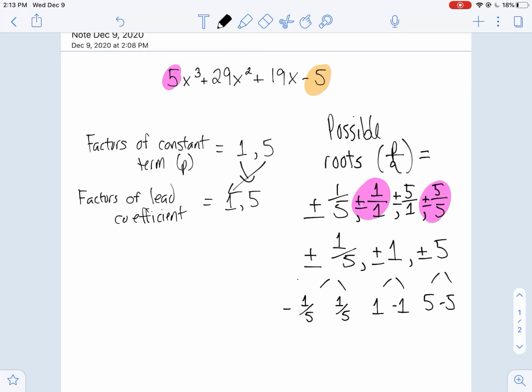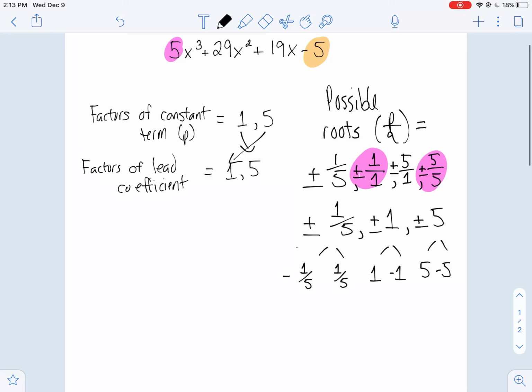Now I know since my degree is 3, I only have 3 roots, which means 3 of these aren't going to work, and 3 are. So it's a matter of figuring out what your roots are. One way you can do that, as we've talked about, is to set up your whole polynomial equal to 0.